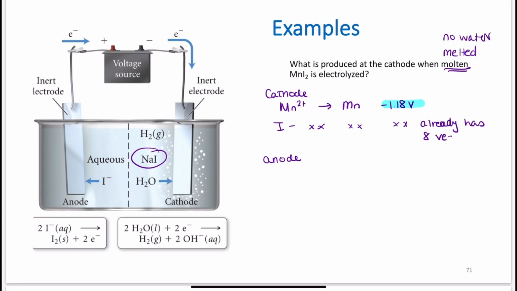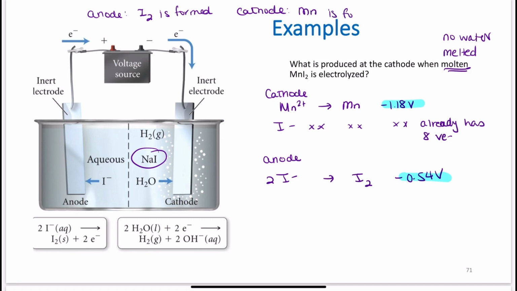At the anode, I- giving me I2. Again, these are not balanced. You've got to write your electrons in and stuff like that, but negative 0.54 volts. So at the anode, I2 is formed. At the cathode, Mn is formed.